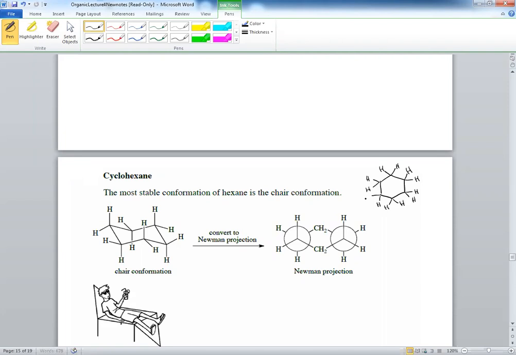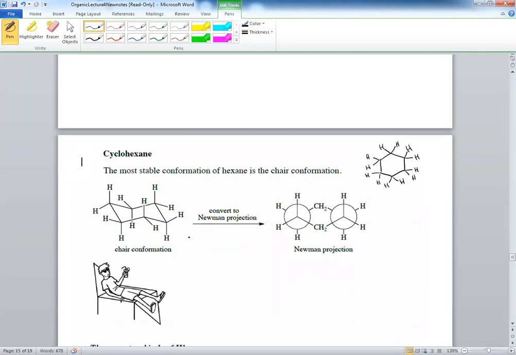So I'm showing you here. Well, the reason why it's very stable is because cyclohexane takes the conformation of a chair, and that's the most stable conformation. So this is a chair conformation. How does it look? It looks like a chair where you actually have a person sitting.